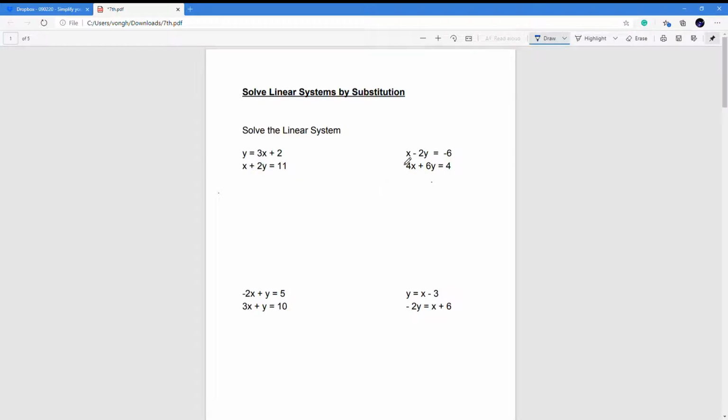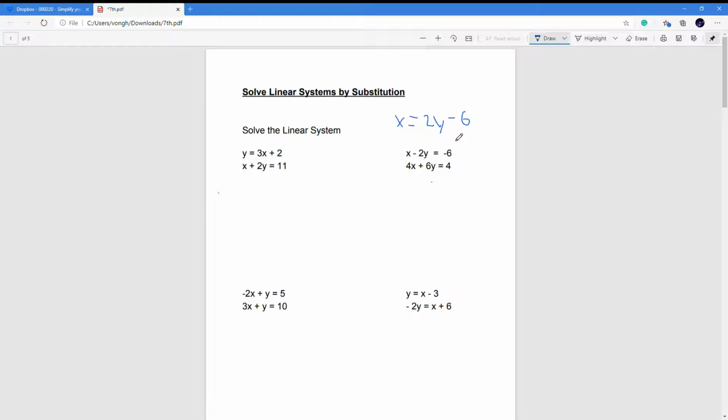So let's isolate the x because it's easier. So we have x minus 2y equals negative 6. We can simply add 2y to both sides to cancel this out and isolate our x. So after adding 2y, we should get x equals 2y minus 6. And that's our equation and our value for x.